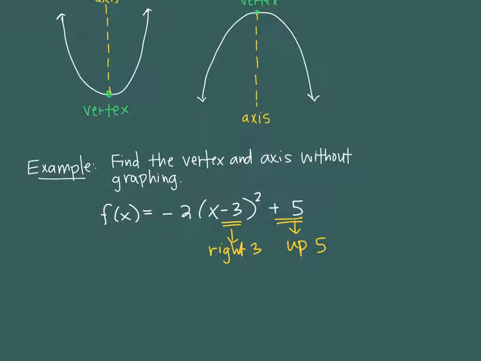And so we would say that the vertex is sitting on the coordinate (3, positive 5). So it's gone to the right 3 and it's gone up 5, and that's where the vertex is. So I didn't have to graph it, but I could picture what's happening, that it moved to the right 3 and up 5. The axis has to go right through the center of the vertex.